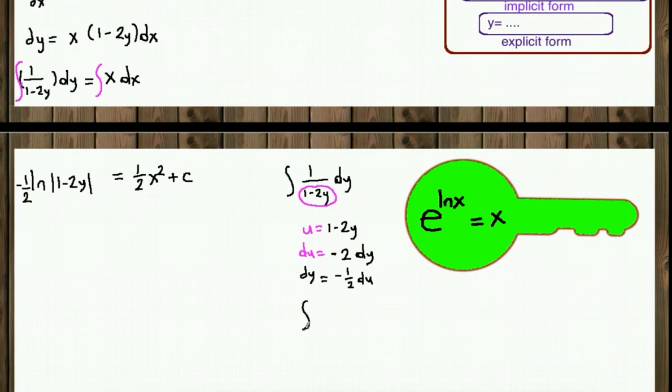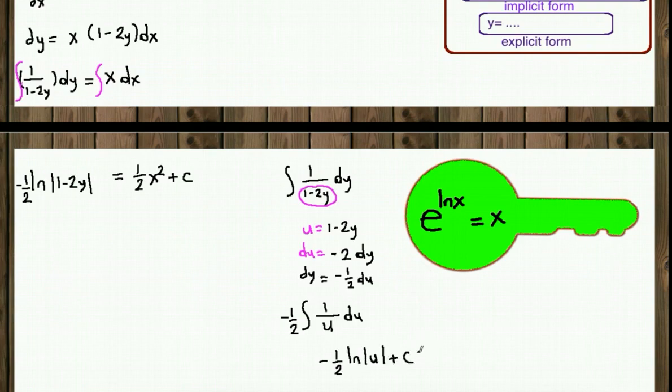So it's going to be the integral of 1 over (1 minus 2y), which is our u, 1 over u. Instead of dy, we're going to write negative 1/2 du. You can pull negative 1/2 to the front and keep du here. Integral of 1 over u is ln of u. And we have negative 1/2 in front, ln of u plus c.